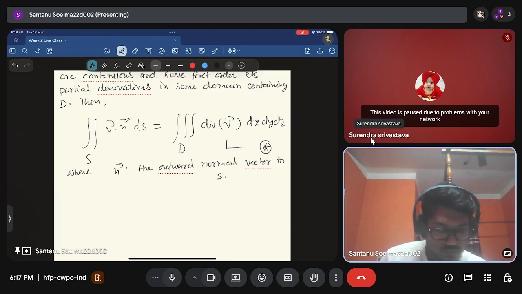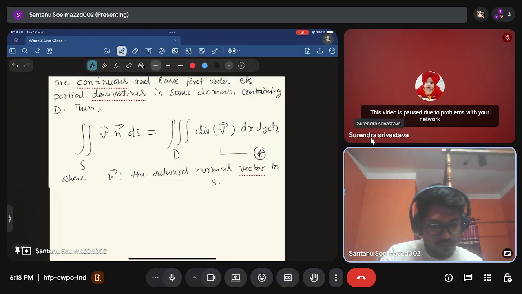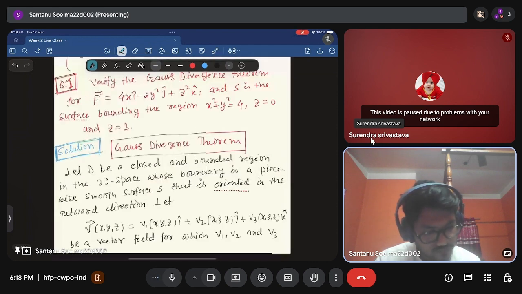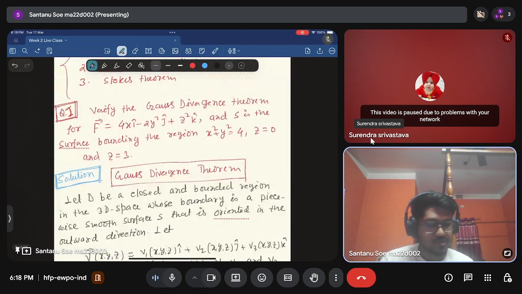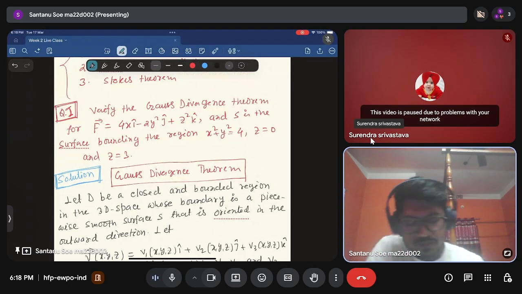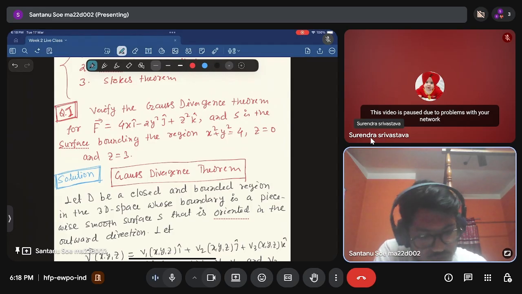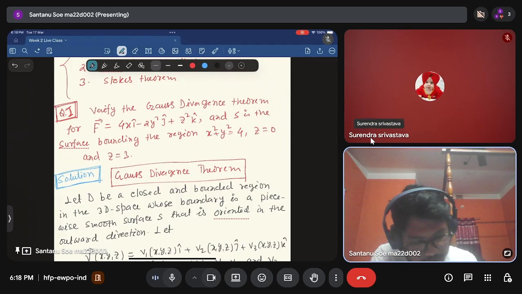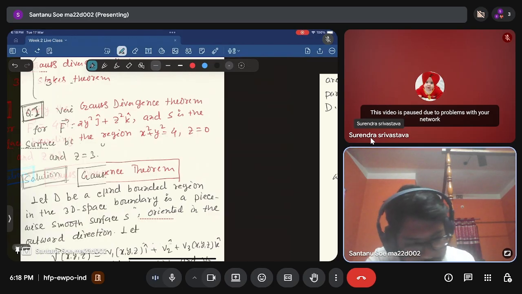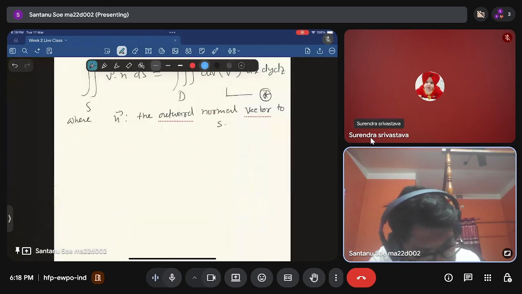Okay, so now we're going to calculate all of this slowly. In our question, it was given that the surface is bounding the region x square plus y square equals 4, z equals 0 and z equals 3. So that means this is a cylinder which is running from z equals 0, the origin, to z equals 3. So we can draw the surface.